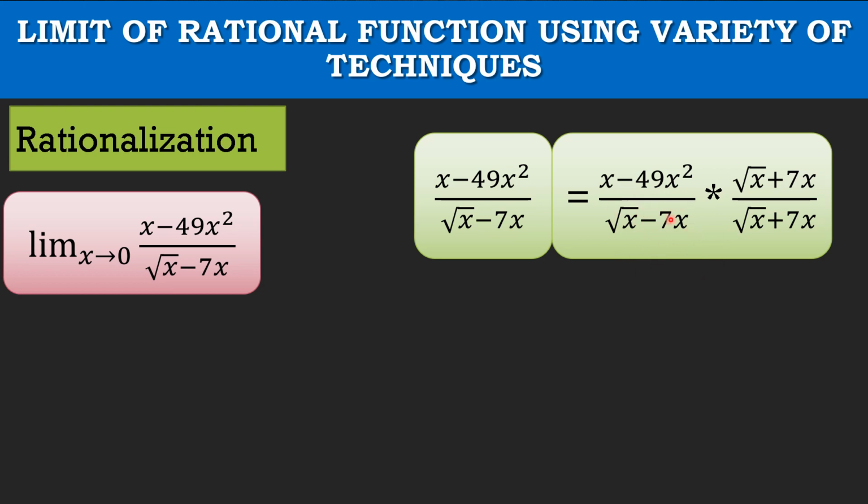Since the operation here is subtraction, when we multiplied it by 1, magiging addition na siya. Kasi nga, we will take the inverse operation of your denominator para mag-rationalize yung denominator natin or yung mismong function natin.